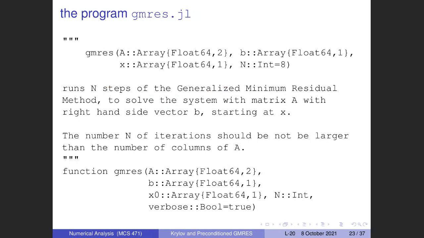The number of steps should not be larger than the number of columns. In practice, this is not a problem if you work with huge matrices, but if we run on our small matrices, we get quickly to that point. If you compute an orthogonal basis, then you cannot go beyond the span. If you project any other vector, you will end up at 0.